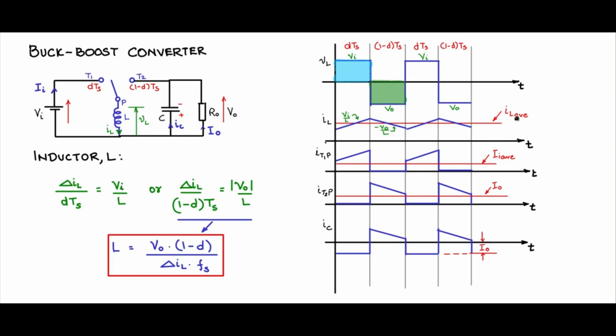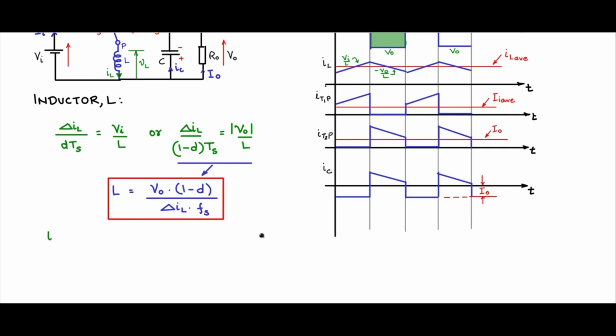But just look at the other two waveforms, IT1P and IT2P. IL average is nothing but II average plus I naught, which is the average of IT2P. The IL average is equal to the IT1P current waveform average, which is II average, plus IT2P average, which is I naught, because these two sum up to give you IL.